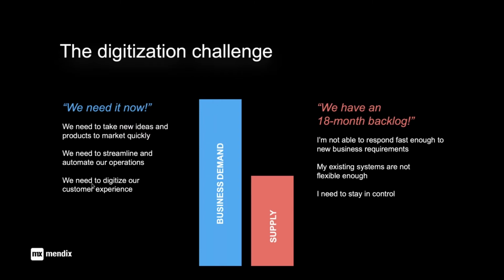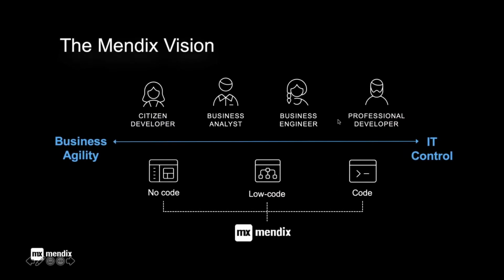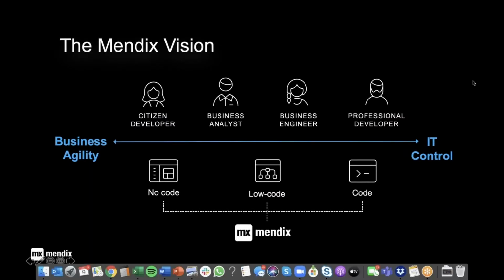So what we see is that the balance is becoming more and more, well, there's actually a lack of balance, and that's increasingly the case. So what we see as a solution in this supply and demand issue is that there's a larger potential group of developers in the market.